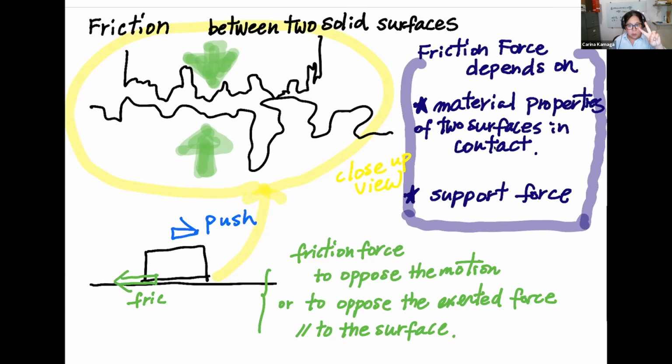These are the only two things friction force depends on: the material properties of the two surfaces in contact, and the support force. That's very important.